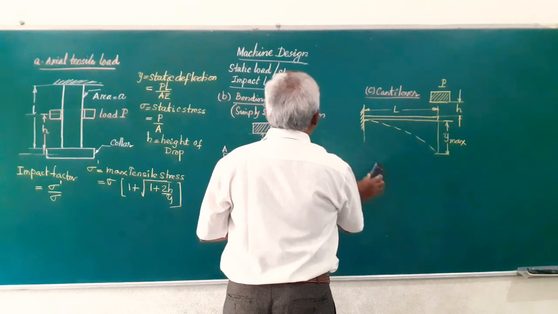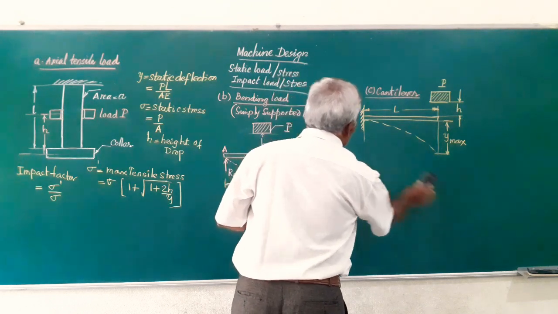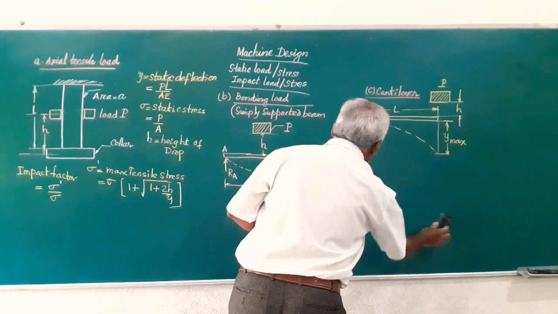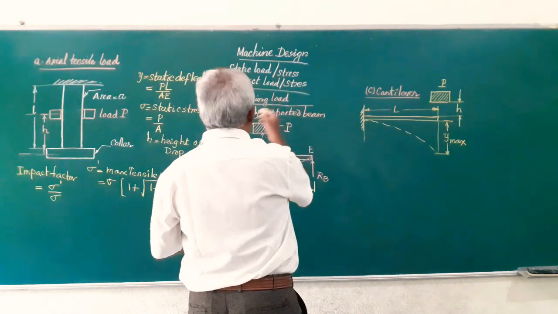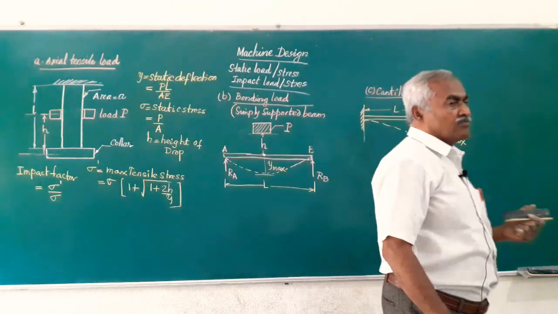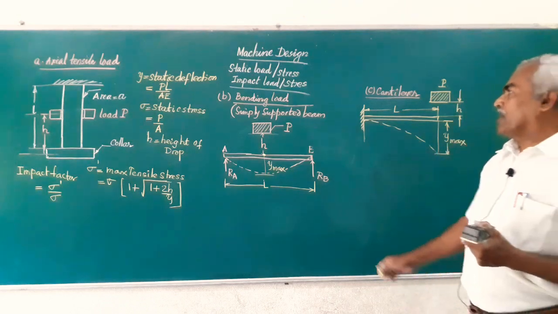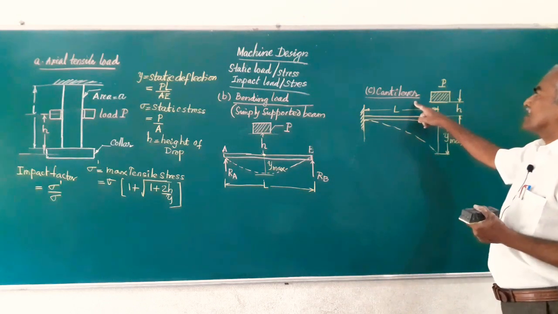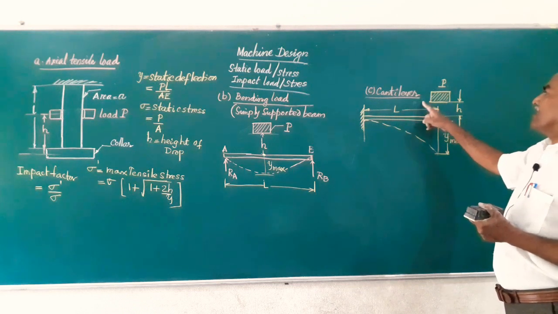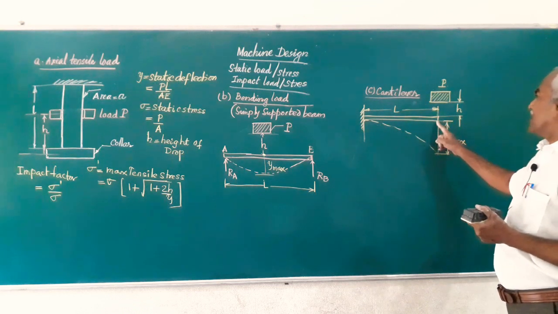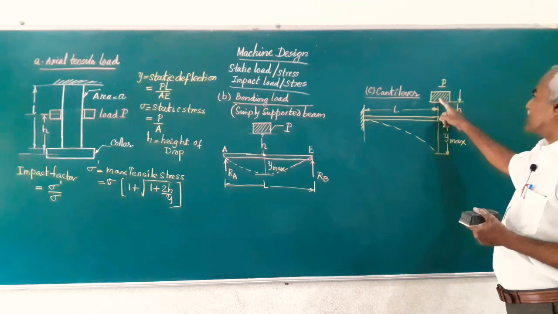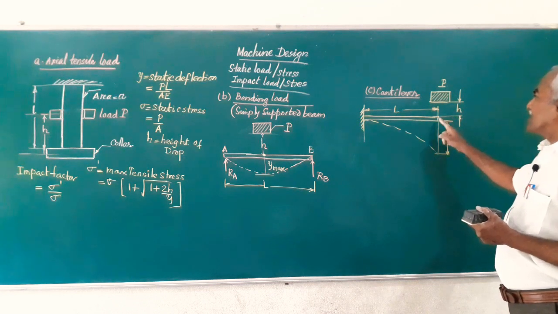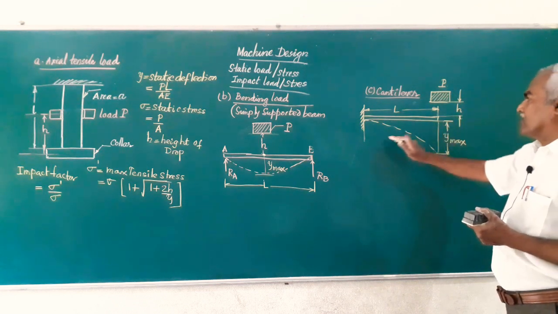Friends, after learning how to find the stress induced in the case of a simply supported beam with point load dropped from a height, let us come to the third case. Here is a cantilever which has a length L, and a load P is dropped from a height of H at the free end of the cantilever.